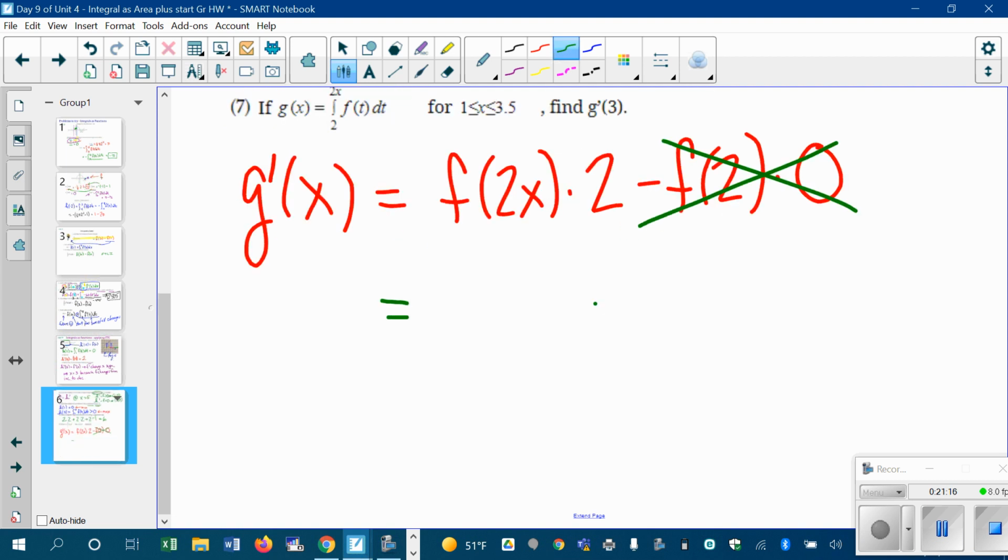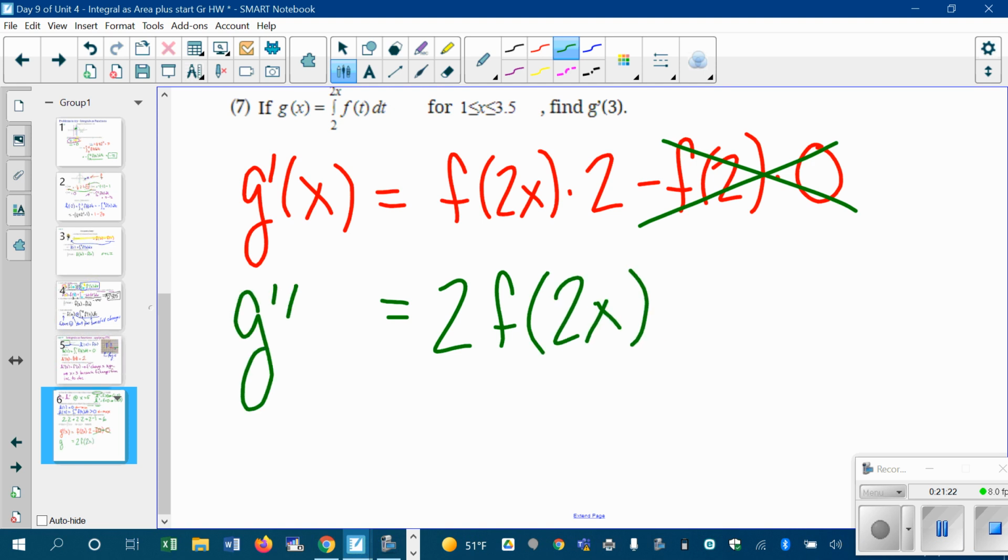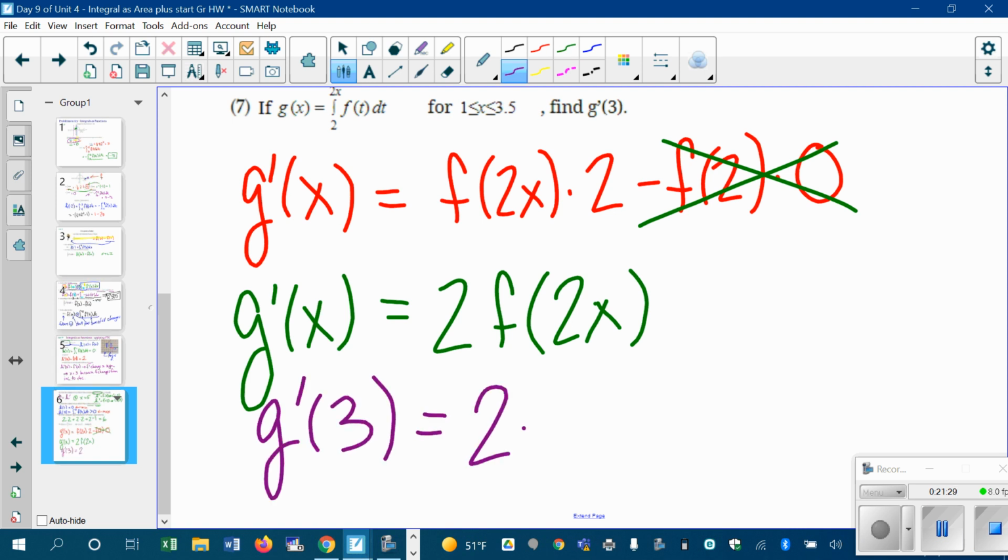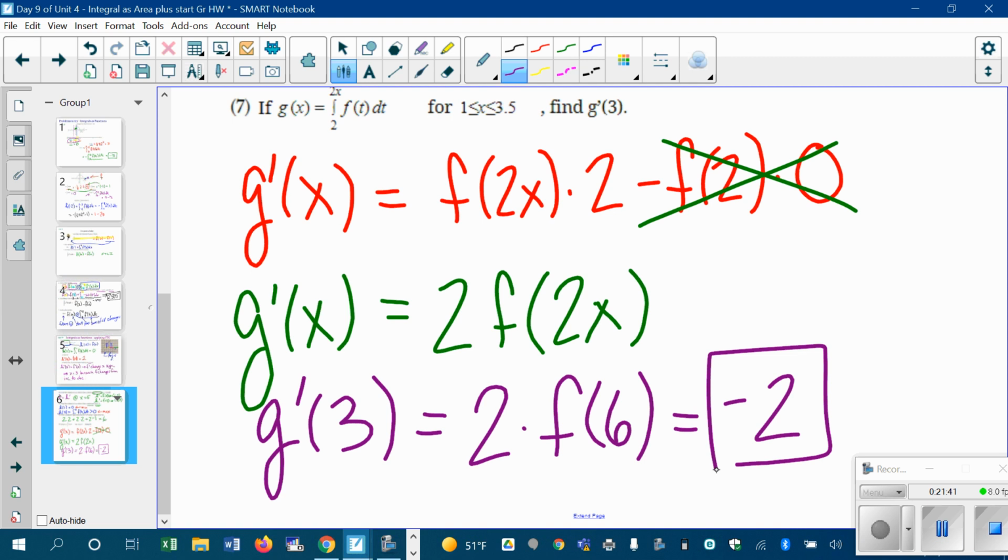So this just tells me I want to do 2 times the function value of 2 times x any time I want to find g prime of x. So g prime at 3 would therefore be 2 times f of, now 2 times my input here is going to be 6. So that is going to give me -2, if you look back at the picture.